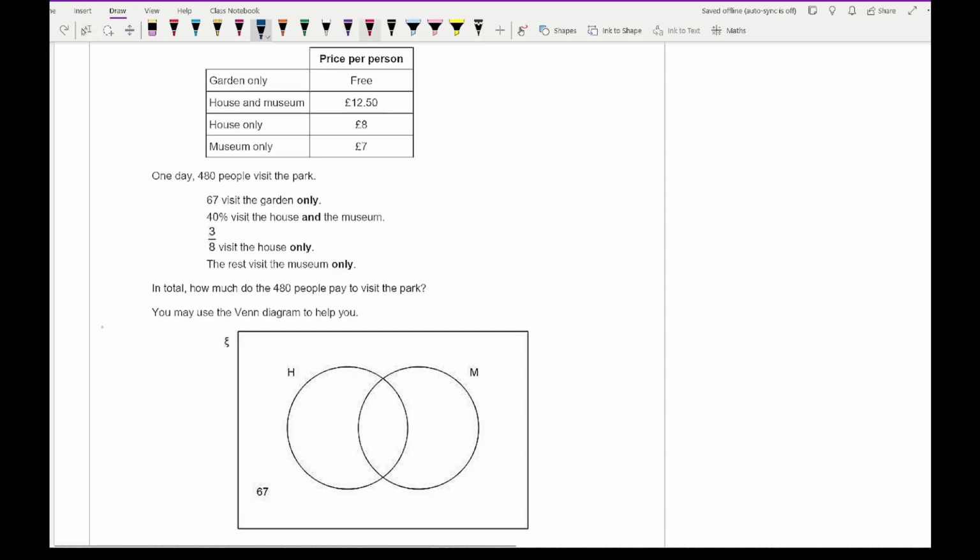So we know that all the numbers inside this Venn diagram have to add up to 480. Now it's already written that 67 is outside, so that's there. So then what we want to do is work out what 40% of 480 is. To do that, I just multiply 0.40 by 480, and that gives me an answer of 192.